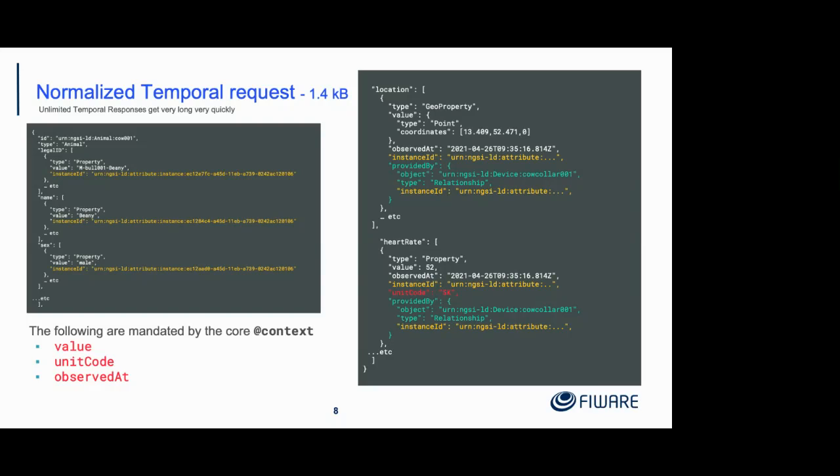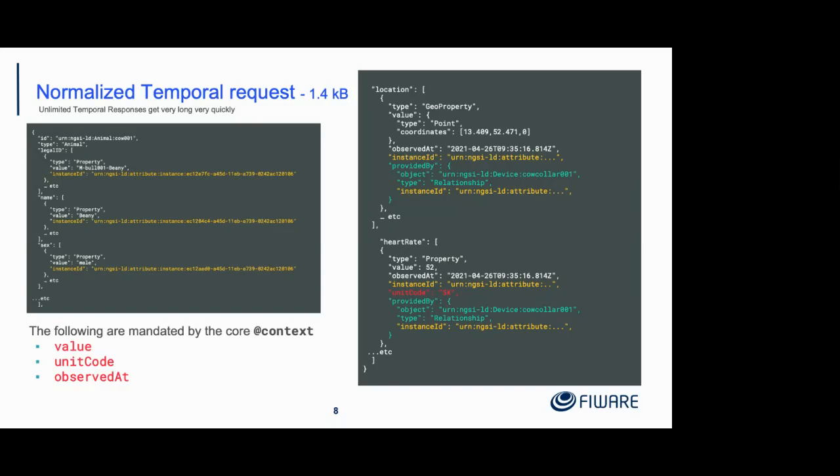It's one of those special non-reified attributes, and if you are tracking things over time, you should probably find that most of your readings should have a value, a unit code, and observedAt.